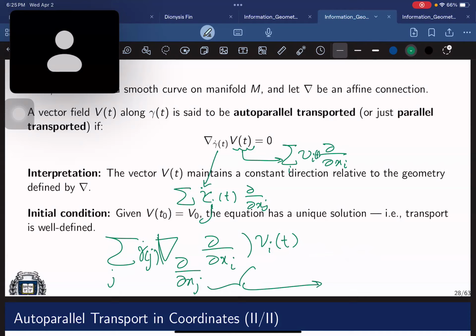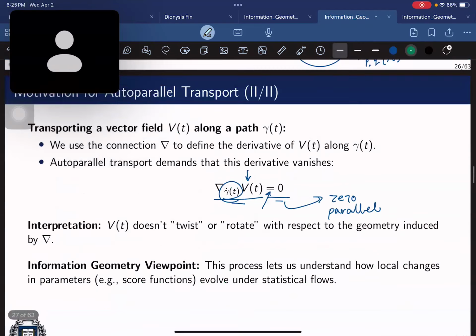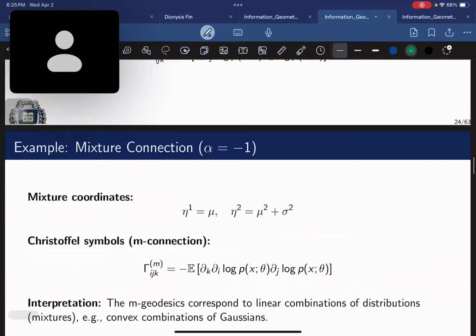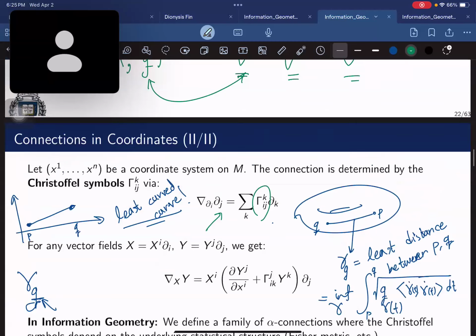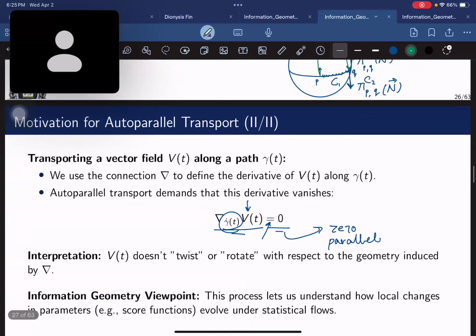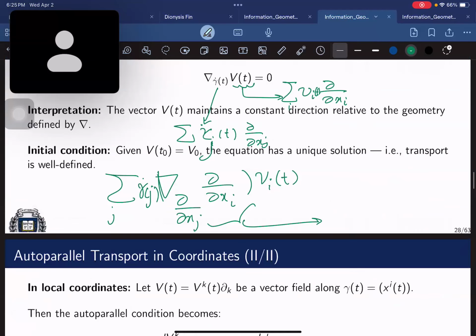And then what was this? This was given by the Christoffel symbols, which is essentially, if you consider this, nothing but the summation over... yes.